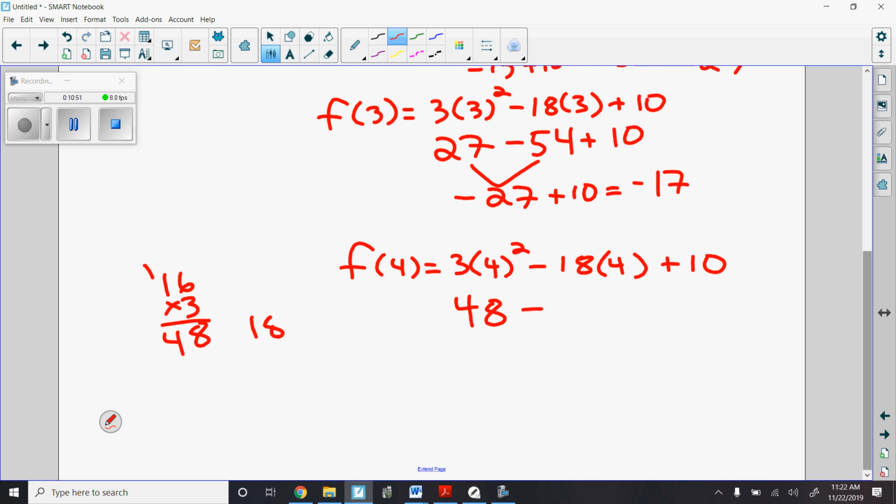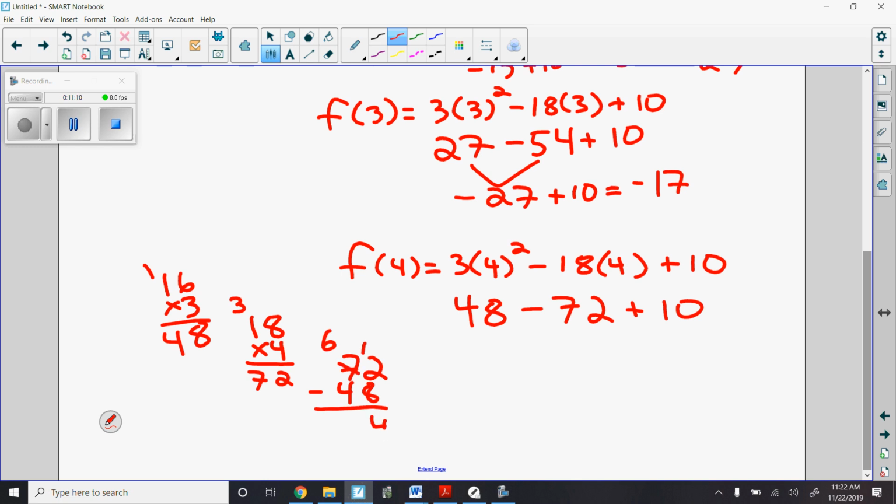Minus 18 times 4, I need to do that. 8 times 4 is 32. 4 times 1 is 4, plus 3 is 7, so 72. 48 minus 72, I'm going to write that as 72 minus 48. 12 minus 8 is 4. So I get 24. But again, analysis here shows me that that needs to be a negative 24. Okay. And negative 24 plus 10 is negative 14.